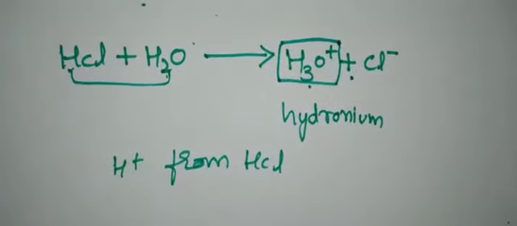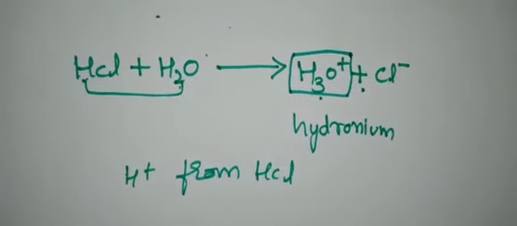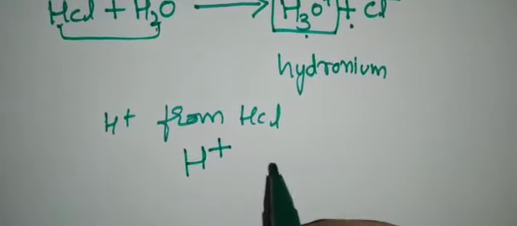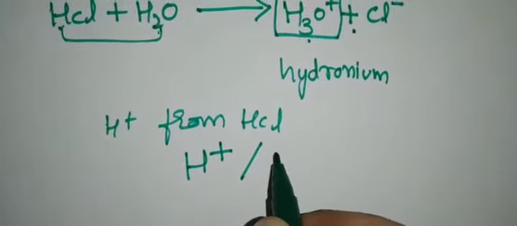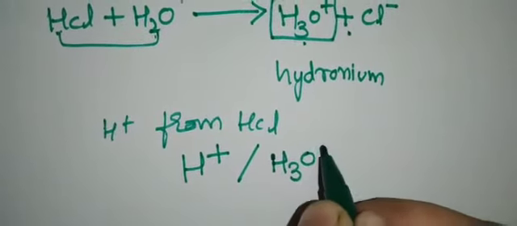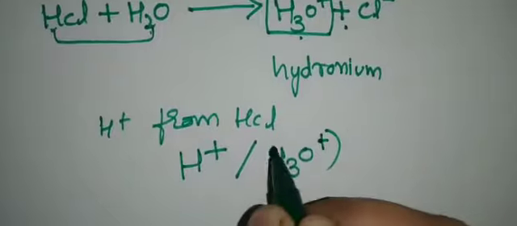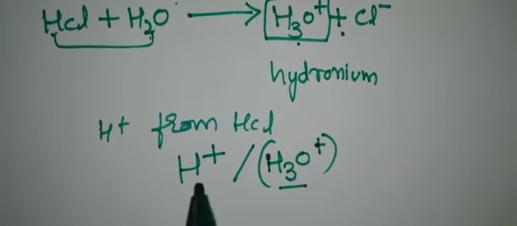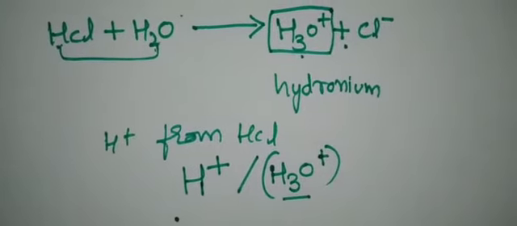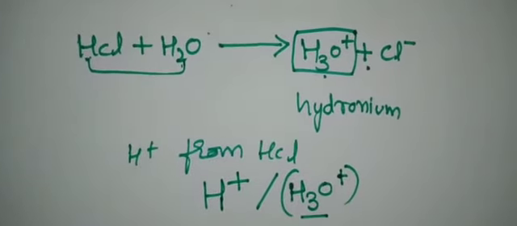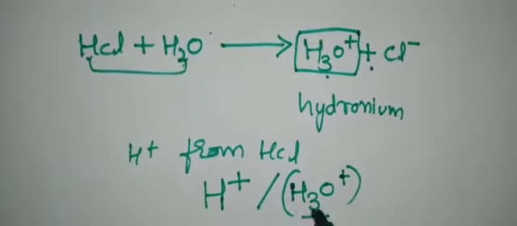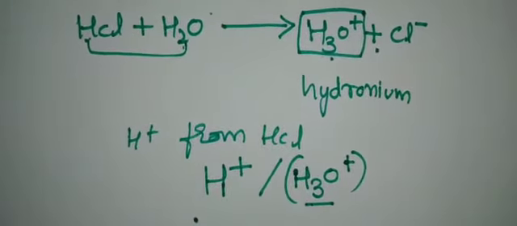Thus hydrogen ion must always be shown as H plus, or they are always present as H3O plus. This is hydronium and this is hydrogen ion. So we have seen that acids give H plus or H3O plus ions.